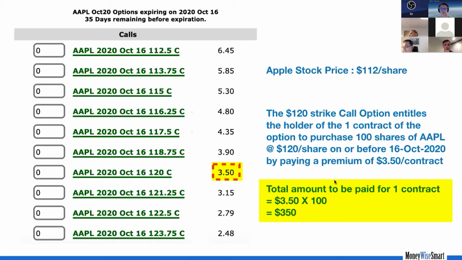Whereas if, let's say, the share price goes to 150, you end up making almost a similar amount that the stockholder who bought the stock at 120 will make. In this case, it is $30 multiplied by 100. But the option holder will make 30 multiplied by 100, which is $3,000, minus the premium of $350, which they paid to buy this option. So it's pretty straightforward.